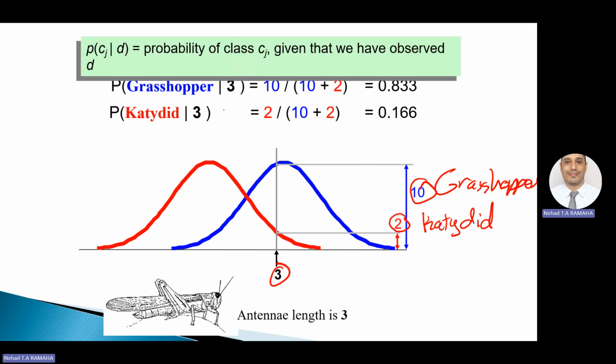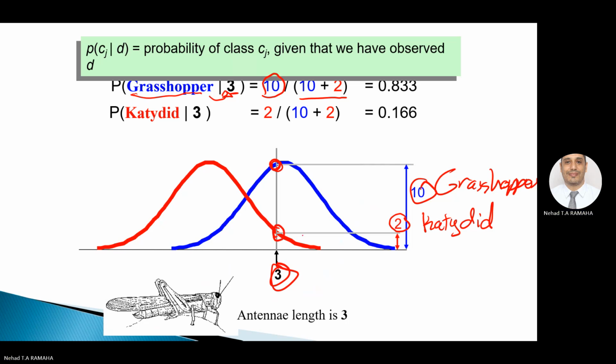To calculate the probability of being grasshopper with antenna length 3, it's 10. What's the 10? The number of grasshopper with antenna length 3. It's 10 divided by the total. What's the total number here for length 3?